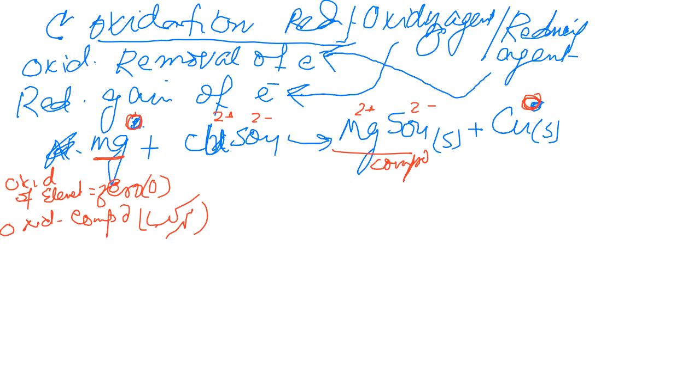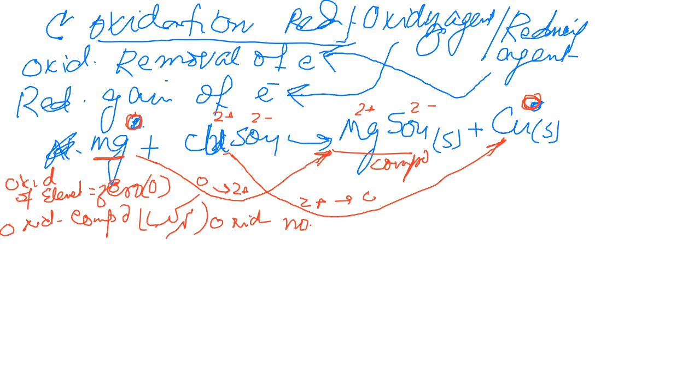So magnesium from 0 to 2 plus is increase or decrease? Increase. Copper 2 plus to 0 is decrease, right? So oxidation number increase is oxidation. Oxidation number decrease is reduction.